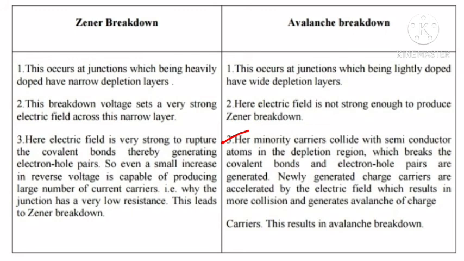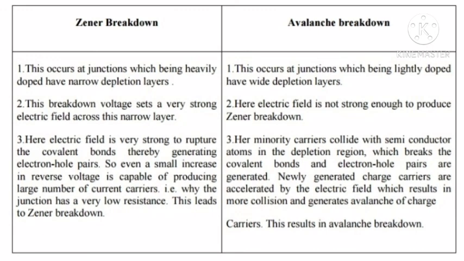Newly generated electron hole pairs, that is the charge carriers, are accelerated by the high electric field, which results in more collisions and generates an avalanche of charge, that is a huge number of electron hole pairs. So we observe the avalanche multiplication process for this type of breakdown.